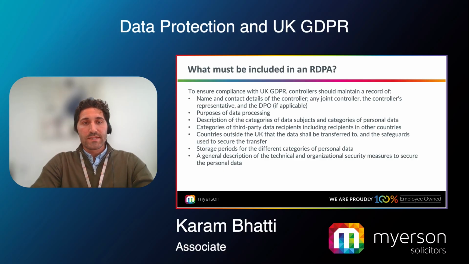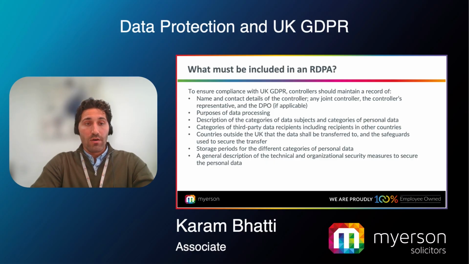So how should an organisation go about producing such records and what must be included? In terms of initial steps, a good way to start is by doing an information audit or data mapping exercise to clarify what personal data your organisation holds and where.